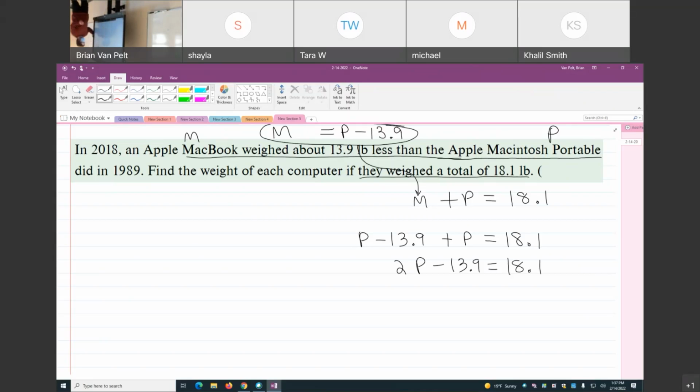Add 13.9. Yeah, whatever you do to one side, you have to do the other. So it looks like the right side will be 32. Left side will be 2P. Almost home. Now divide it off, finish it off by 2.